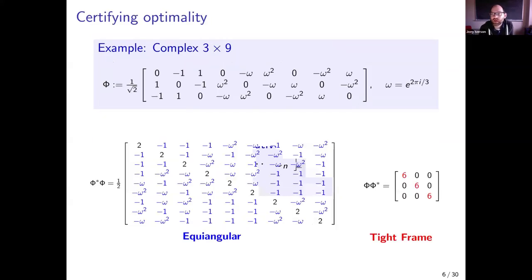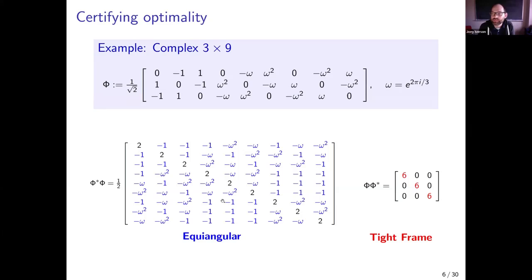Okay, so here's an example of using those conditions to certify optimality. So here's that 3×9 complex matrix I pointed out before. And to check, I'm just going to check that it's an equiangular tight frame. For equiangularity, I'll make the Gram matrix, the matrix of inner products. Okay, and I look off the diagonal and I observe everything has the same modulus off the diagonal.